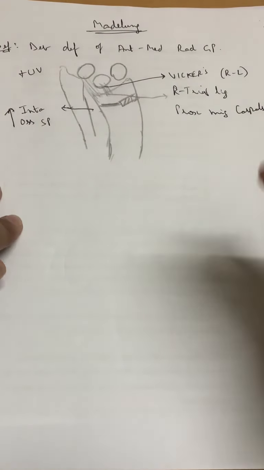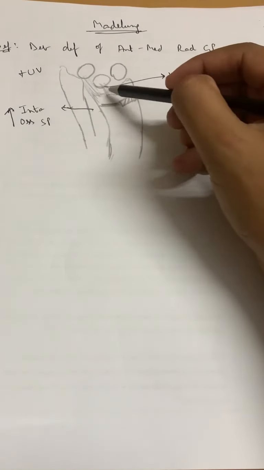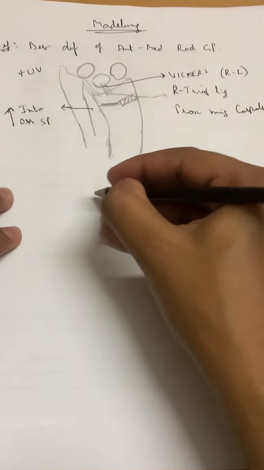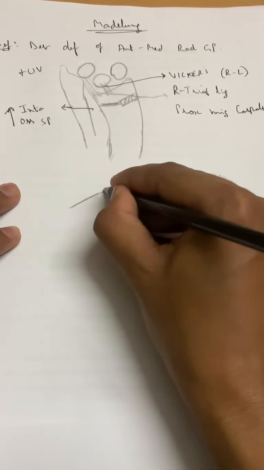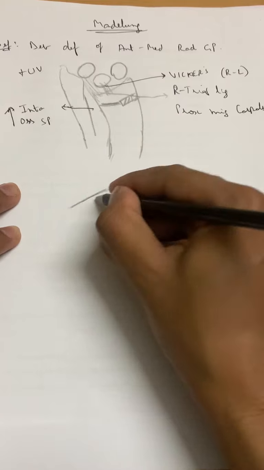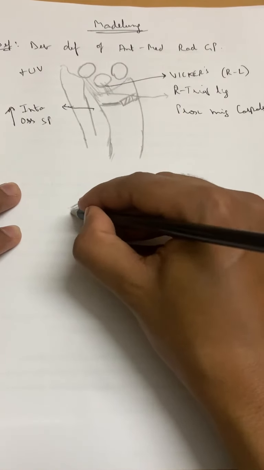Okay, and like we told, there is defect in the anteromedial part. So when you see it from the lateral view, what happens? You'll see that the radial tilt is also increased.